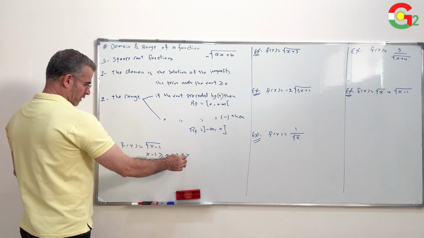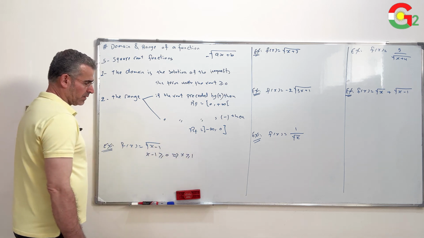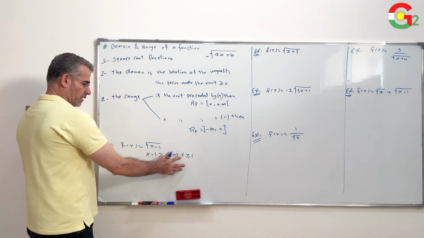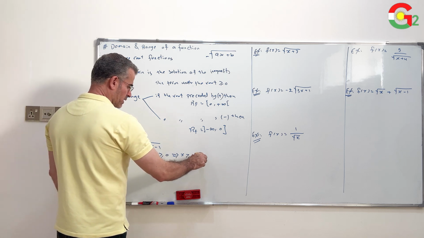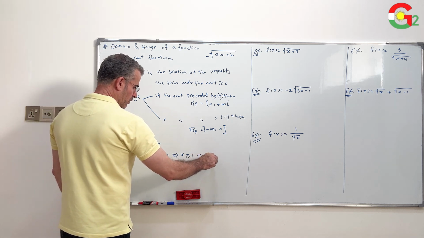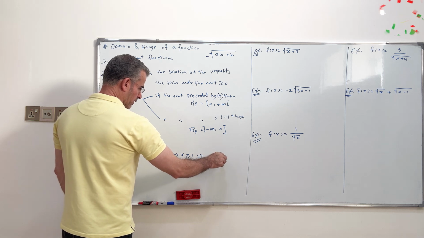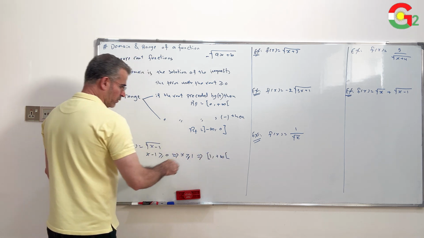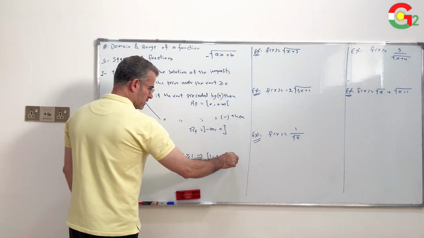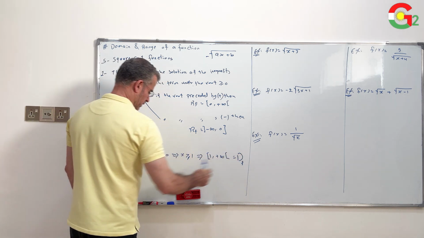Move 1 to the other side, then the inequality will be x greater than or equal to 1. I can rewrite this as 1 to positive infinity, with 1 included, of course, since I have equal here. So this is the domain of this function.